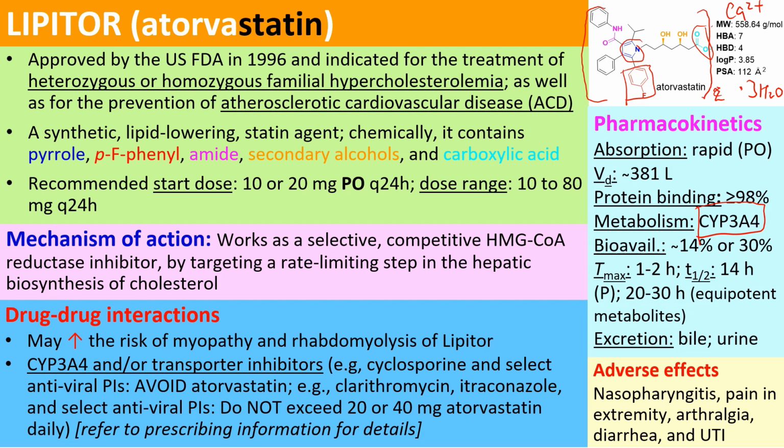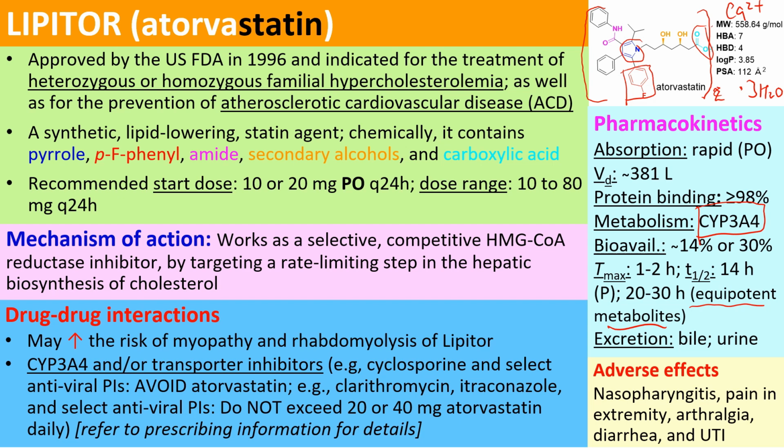Tmax, that's the time to reach the maximal drug concentration in the blood, is 1 to 2 hours. Half-life is 14 hours for the parent drug molecule, 20 to 30 hours for the metabolites. And the metabolites are also active, equally potent. Excretion is in the bile and urine.